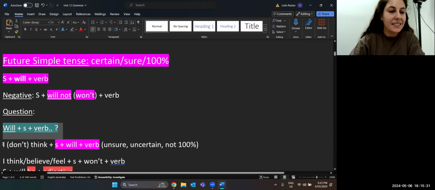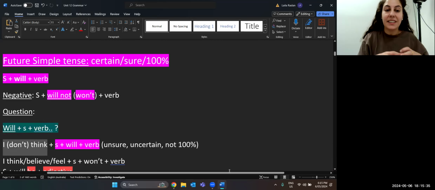Now, we can add I think before the subject and will verb when we're giving a positive sentence. So it's like, I think I will work tomorrow. So I'm talking about the future, but maybe I'm not 100% sure. I'm not exactly certain.